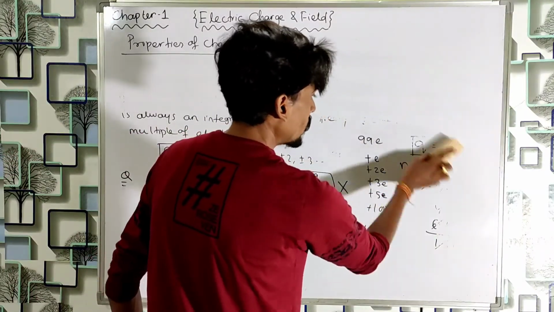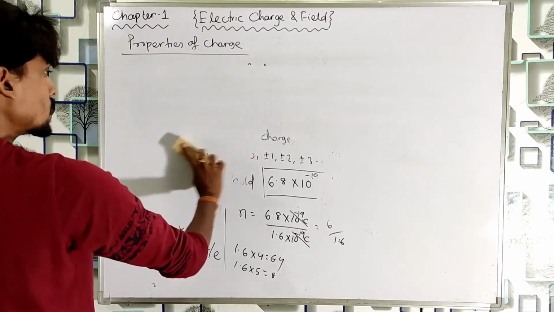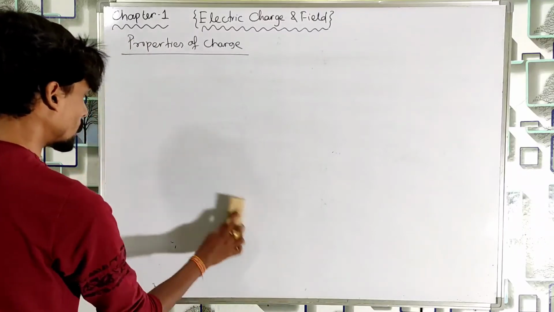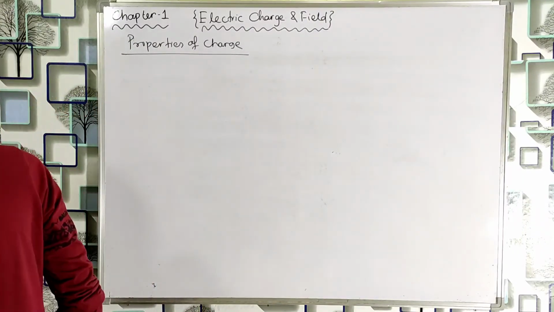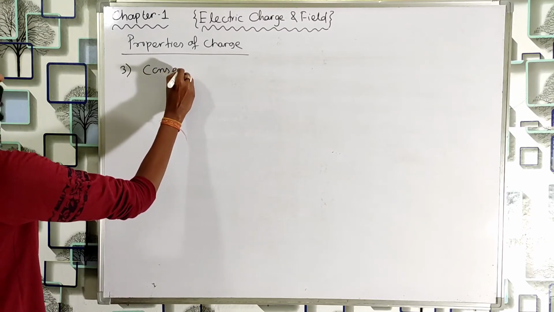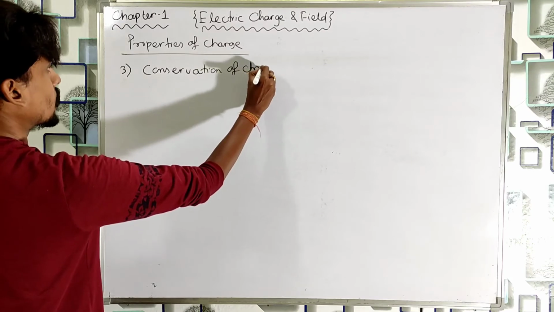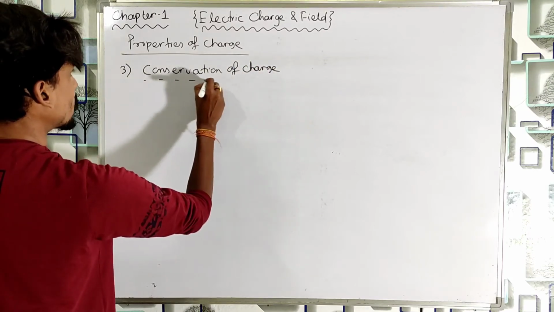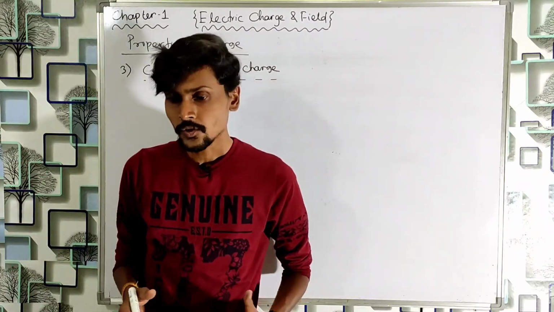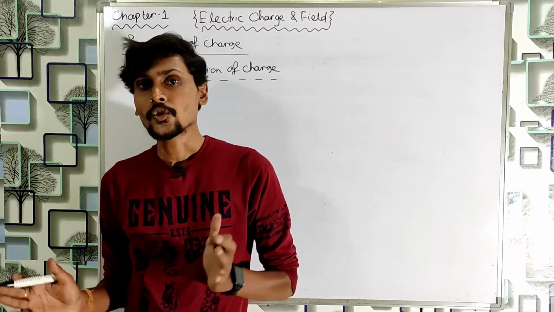Now we will talk about the third property, which is the conservation of charge. What is the meaning of conservation of charge? Conservation of something means that quantity can neither be created nor be destroyed.